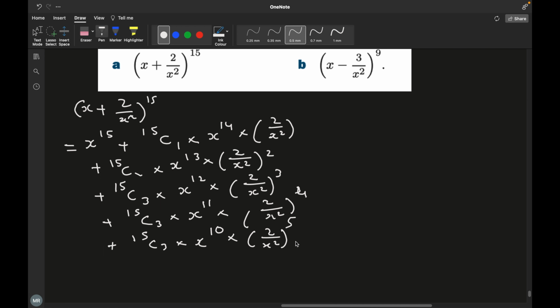You just have to keep writing this until you find a term that does not have the x term.